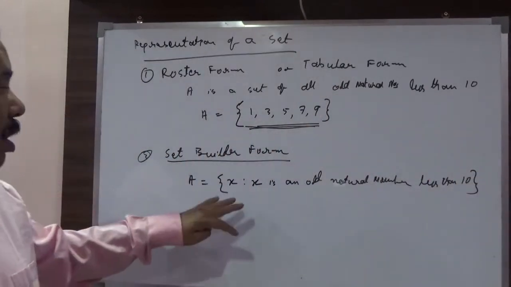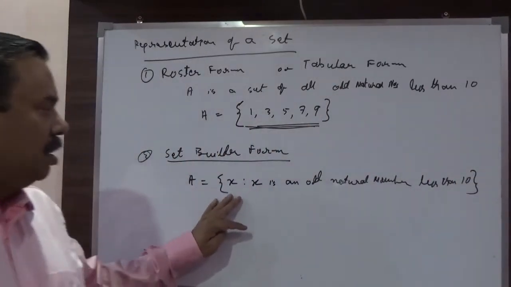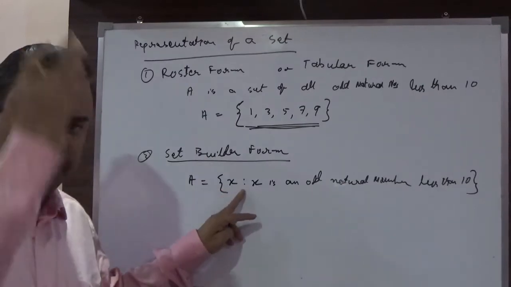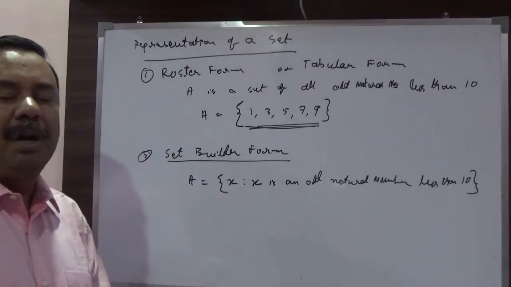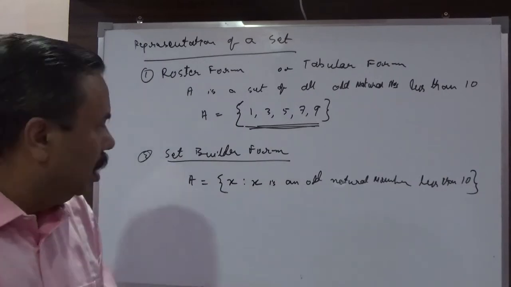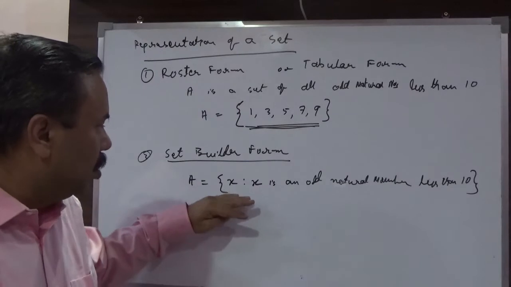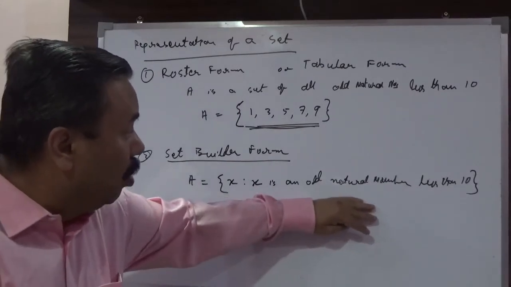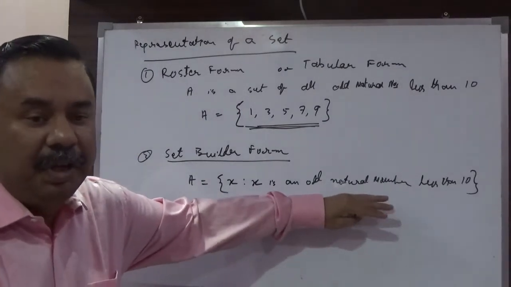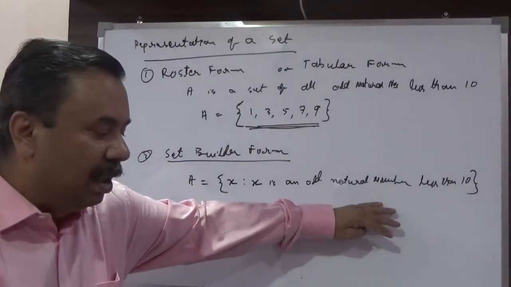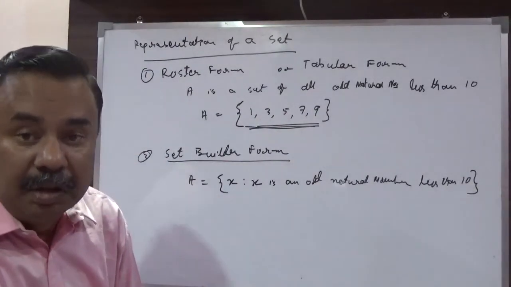Again, you have to use this only. Some books, instead of the colon, put a bar also. So that is also correct, that is not any problem. So this is how we write set builder form, where the definition of the set is given.